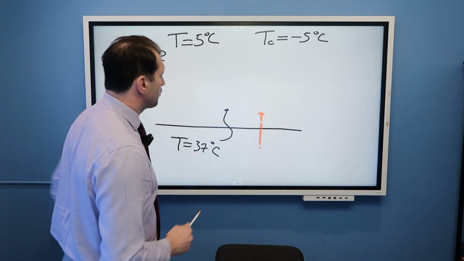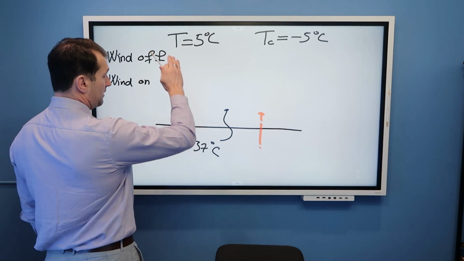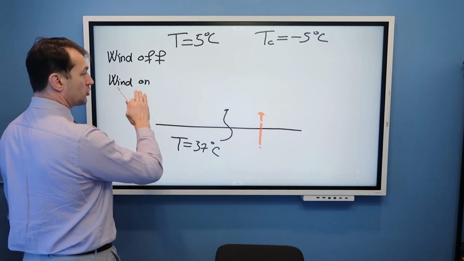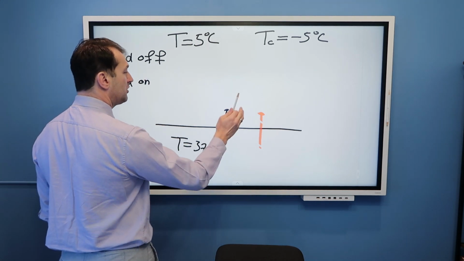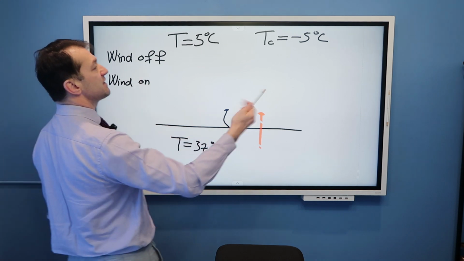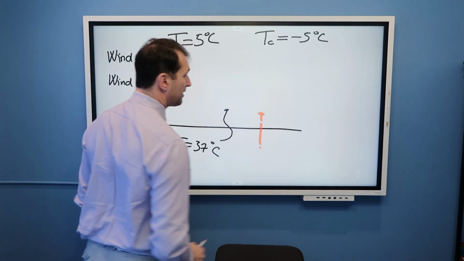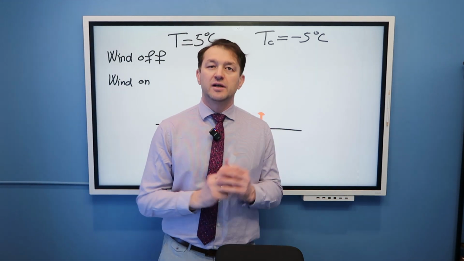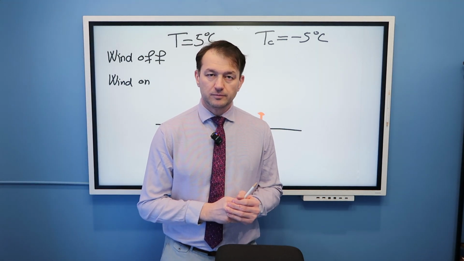Or in other words, we could reverse. We could say ambient temperature is 5 degrees Celsius, but there is wind. So from the point of view of the heat loss, it will be equivalent as if the ambient temperature was negative 5 degrees Celsius and there was no wind. That is the physical meaning of wind chill.